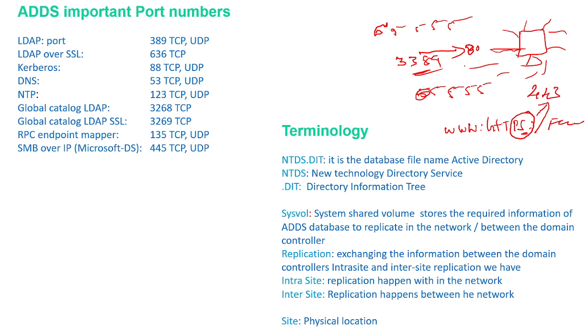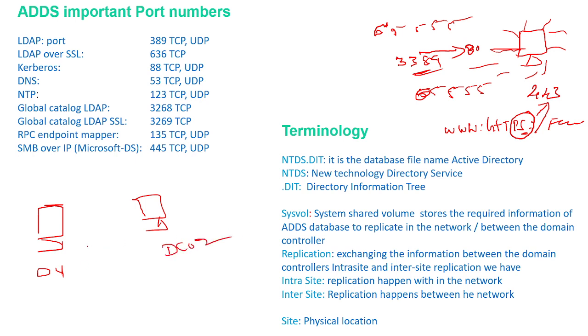Sysvol is nothing but system shared volume. It is a folder where, say for example, let me write here. Say for example, you have two domain controllers. This is dc01, and this is dc02.